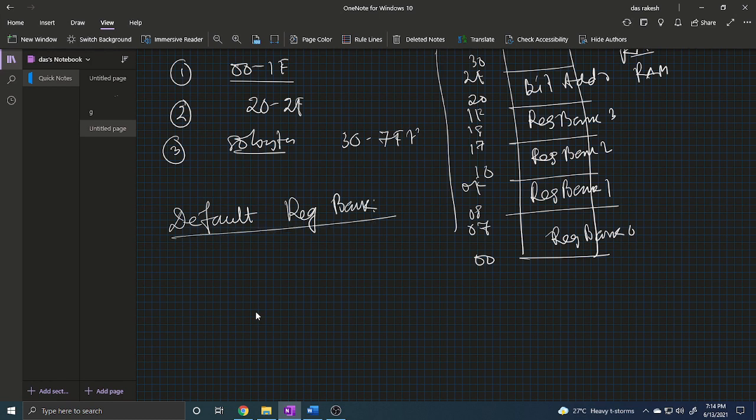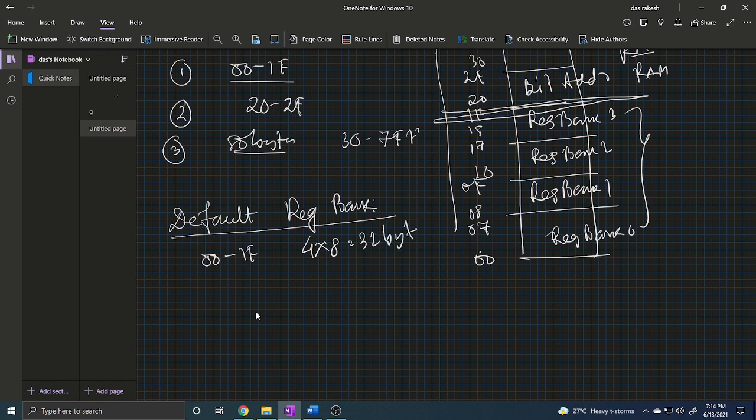Now if the RAM location is from 00 to 1F, that means a total of 4 banks are available. That means 32 bytes, because each bank contains 8 bytes, 00 to 07. So 4 into 8, that means 32 bytes.